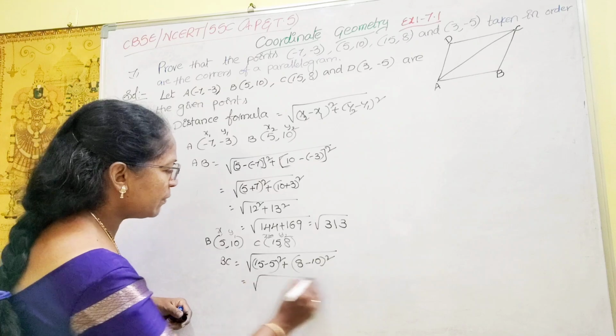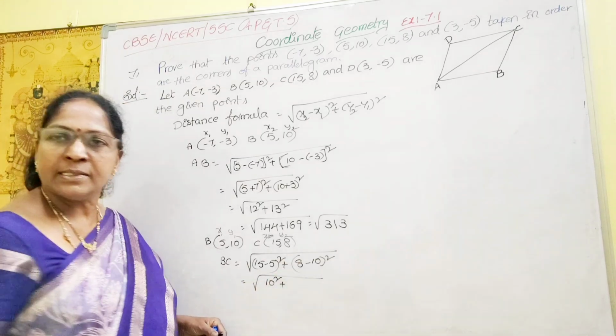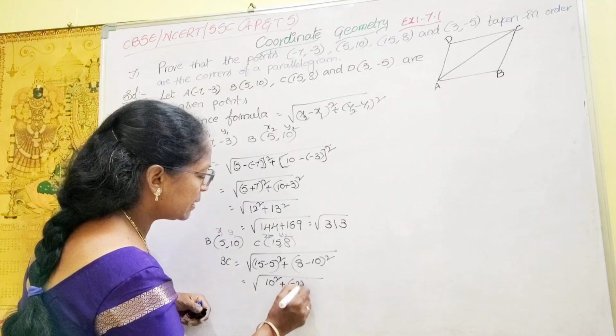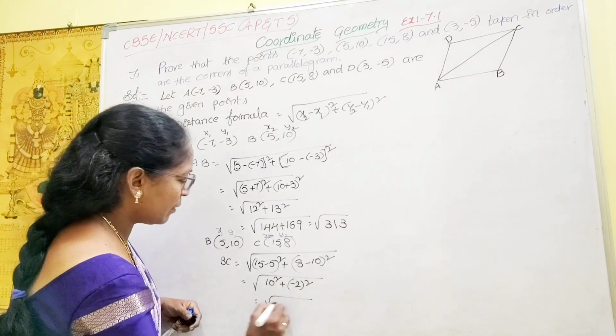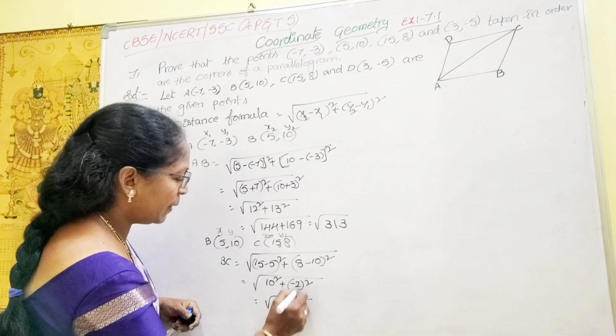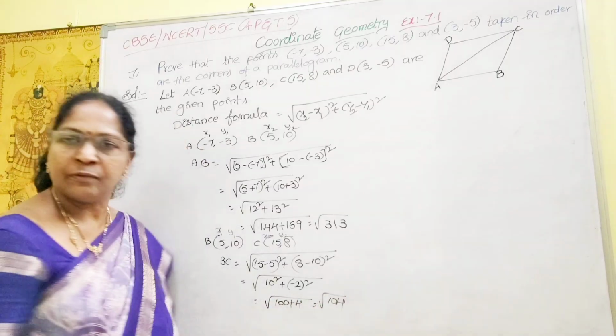That equals square root of 10 square plus 8 minus 10, which is minus 2, whole square. That equals square root of 100 plus 4, which is square root of 104.